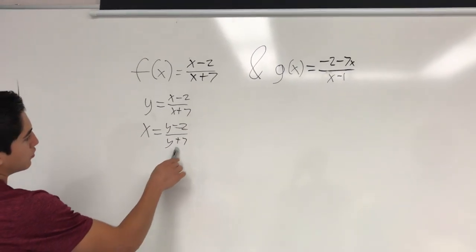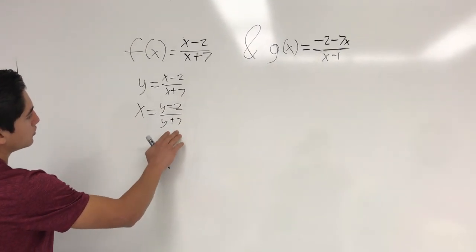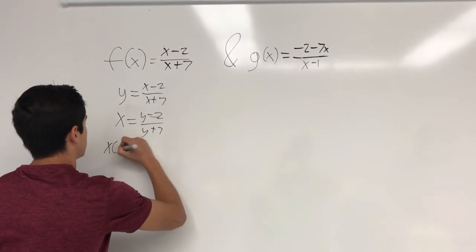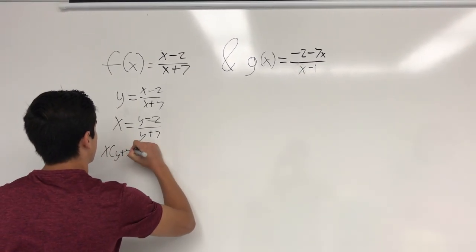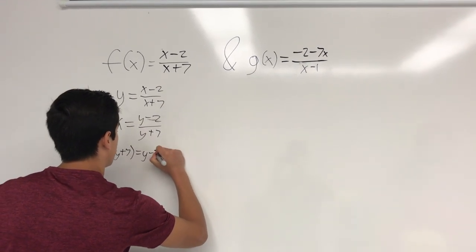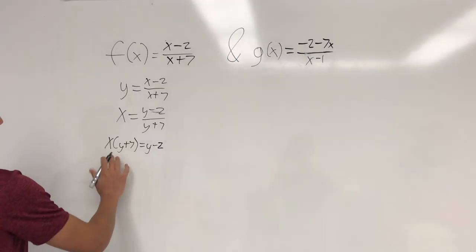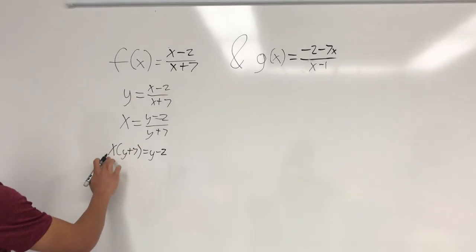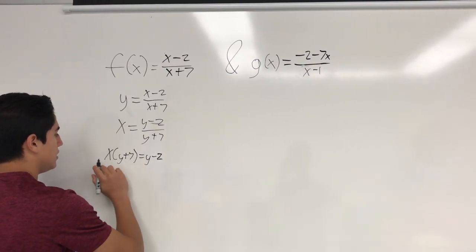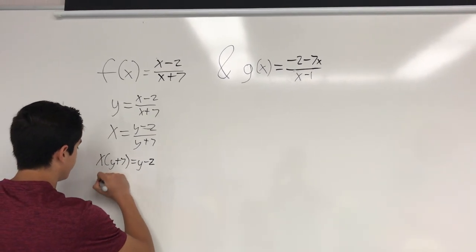Then, since this division is cancelled, we will need to multiply to the other side, so it will be like this. After that, we will just distribute properly to solve this problem.